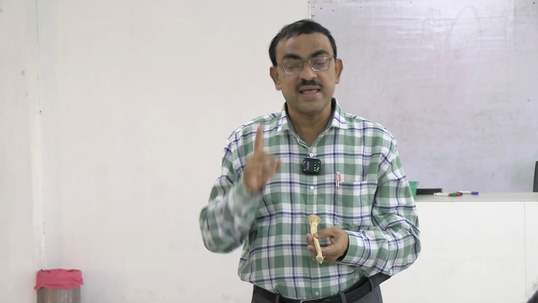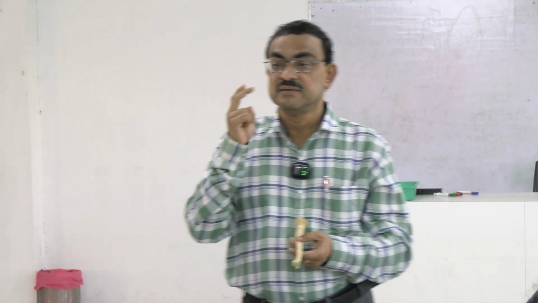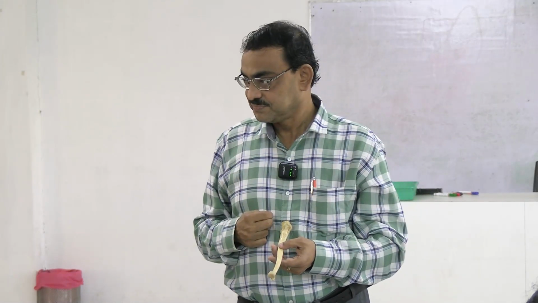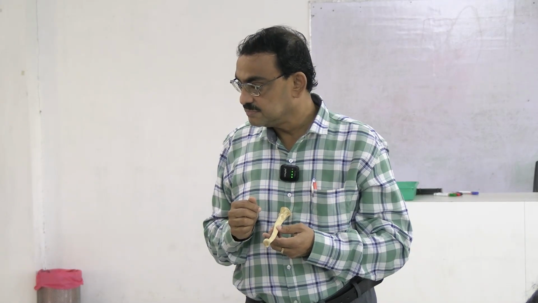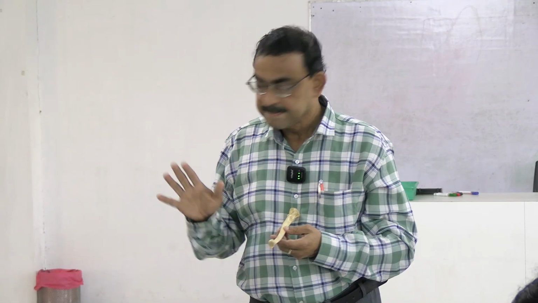This is another muscle which is being supplied by two nerves. Okay. Medial part by the musculocutaneous and lateral part by the radial nerve. Okay. So it's called hybrid muscle.